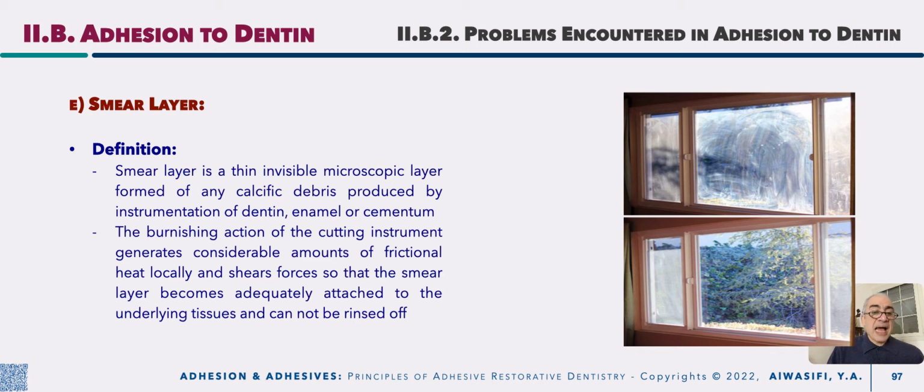It is a thin, invisible microscopic layer formed of any calcific debris produced by instrumentation to dentin, enamel, or even cementum, burnished by the cutting instrument due to frictional heat and forced inside the dentinal tubules and dentin surface to be part of the underlying tissues.